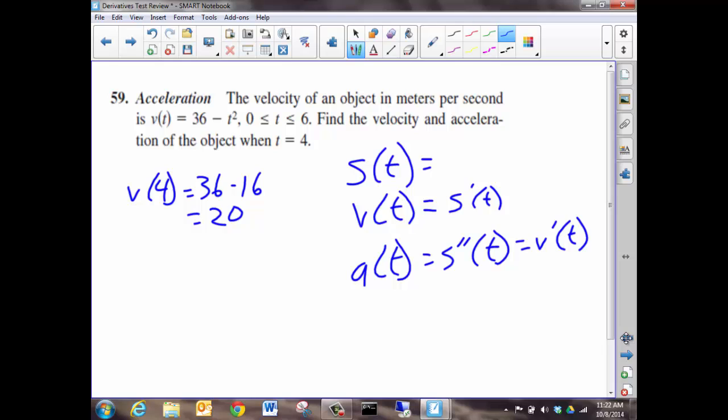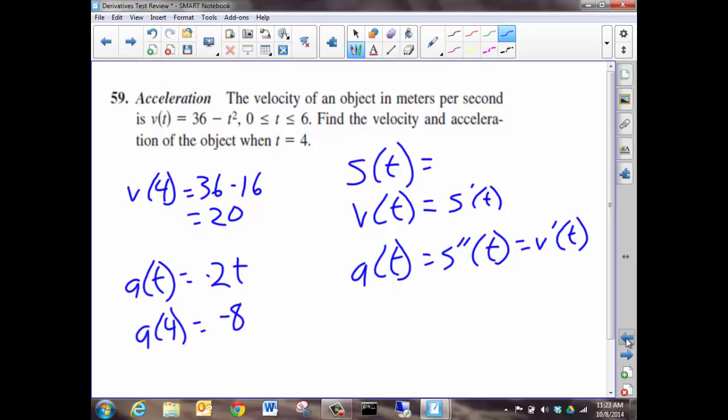Right? It's about slide 11. How do I find acceleration now? Take the derivative. So what is the acceleration then, Kelsey? And the acceleration at 4 is -8.